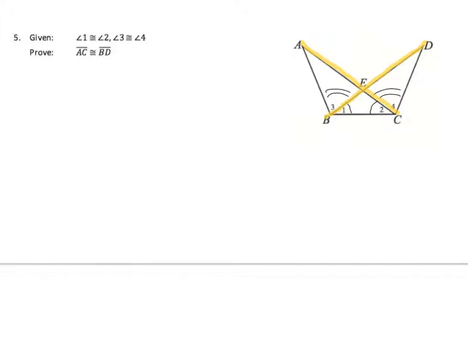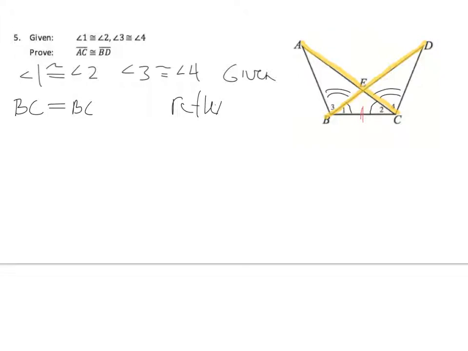Okay, it looks like if I can prove those two triangles are congruent, then I can go to the sides being congruent because of CPCTC. And remember, when two triangles share a side, you can say those sides are congruent. So let's go ahead and write down what's given. Okay, I can also say that BC is equal to BC because of the reflexive property.